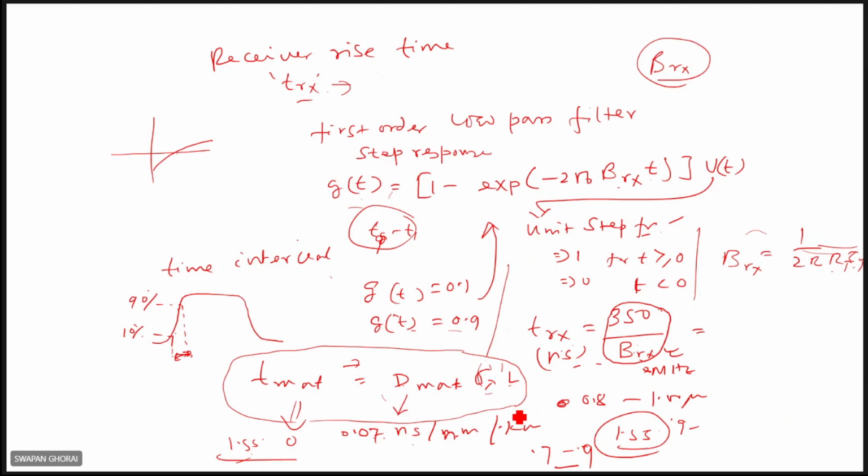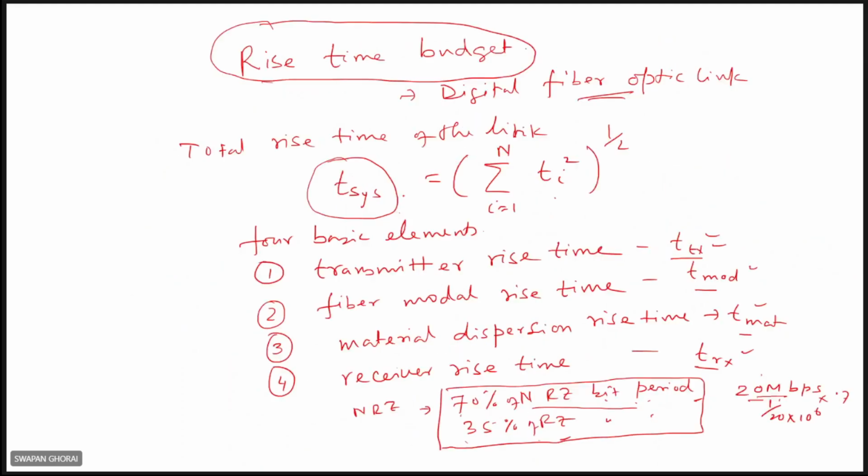So we have seen three contributors: transmitter rise time, receiver rise time, and material dispersion rise time. Now the fourth one, which one is the fourth one? You can see it here. The fourth one is the fiber modal dispersion rise time. To calculate it is very complicated, because in a link, in a fiber optic link, generally it's not a single fiber.